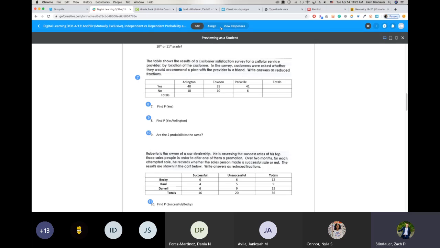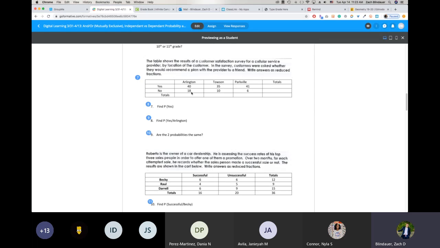I'm not sure why this one was so low, but for the probability of yes, you look at the yes row. You would add 40, 35, 41 and get 81, plus 35, 116. So 116 is the total for yes. No was 18 plus 10 plus 6, 34.